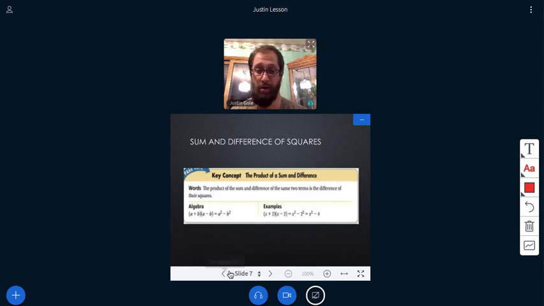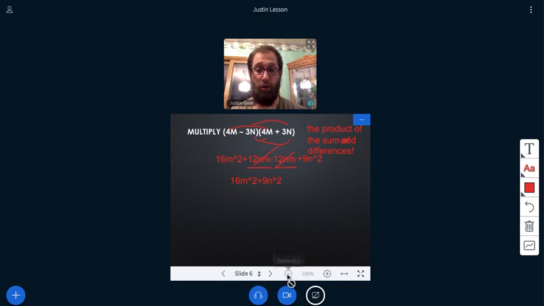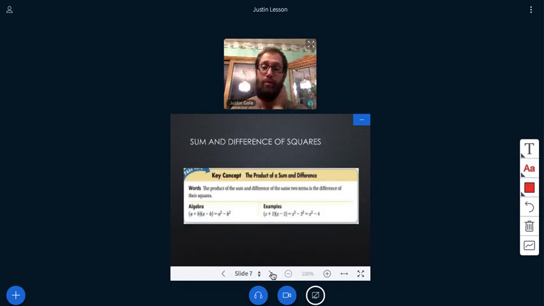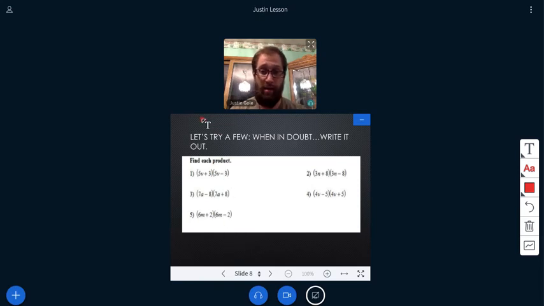You cut out the middle because in the middle, you're always going to wind up with opposites. So when we have the product of the sum and difference, we're always going to just wind up with a squared minus b squared. When in doubt, we can write it out.